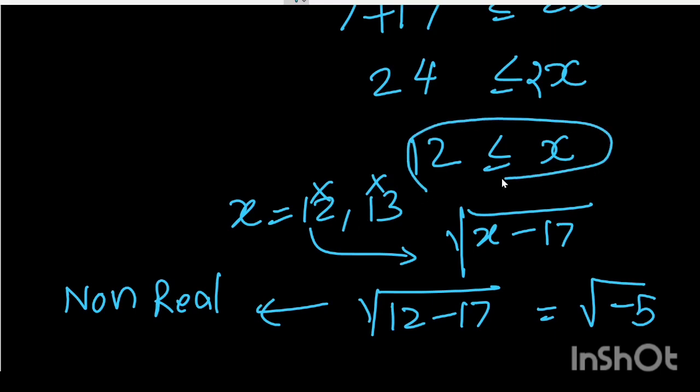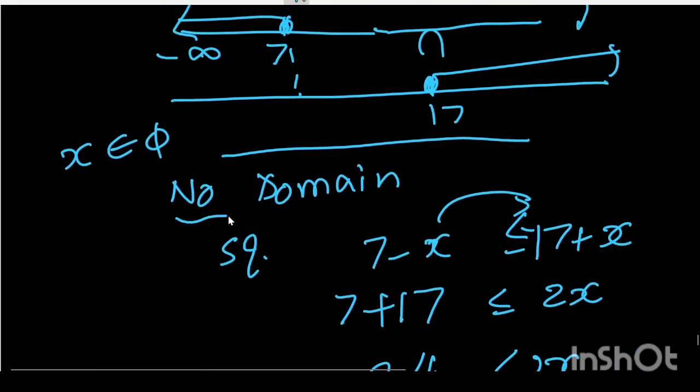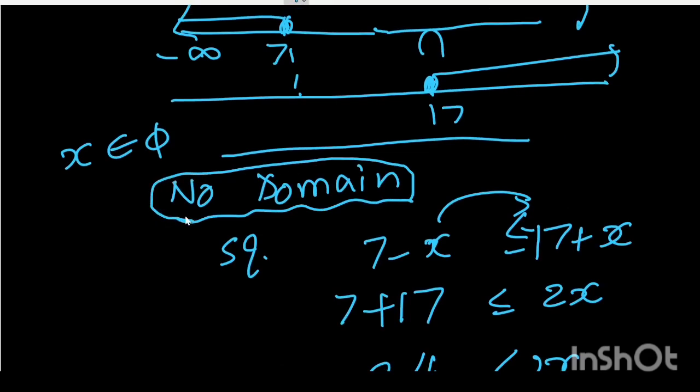So what we obtain after squaring and solving won't be right. It would be a wrong answer. The right way of solving it is first taking the domain, and if the domain is nothing, since we know that the final solution is the intersection with the domain, then the question of solving it further is meaningless.